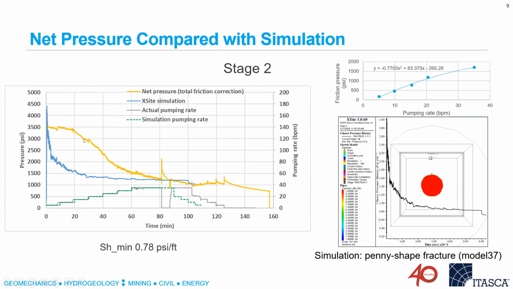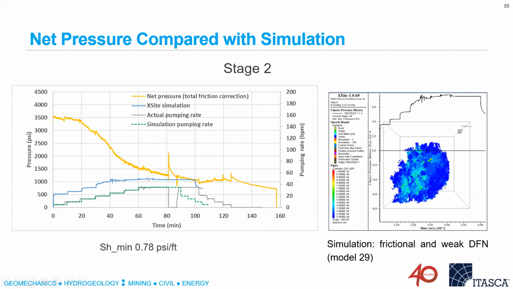So this is one possible reason that contributes to this high net pressure. And we also compared to the friction and weak DFN case, but in this case, the pressure profile is quite different from stimulation.